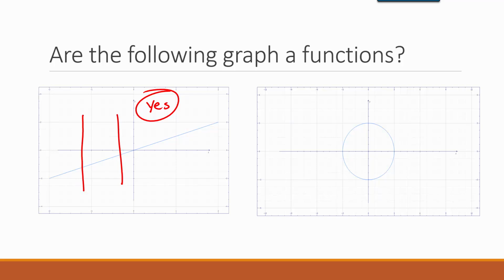However, if I use a vertical line test on this graph to the right, you can see that if I draw a vertical line there, it will touch 2 points on that graph. So no, this is not a function. So the vertical line test again says that if you can draw a vertical line anywhere on the graph and it touches more than 1 point on that graph, then it is not a function.